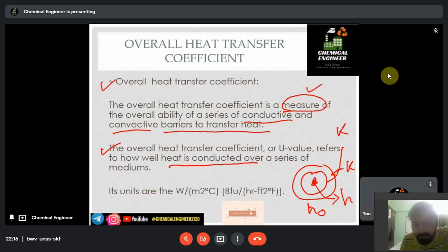Okay, so this value generally shows how well heat is transferred, or how it is resisted from transferring.